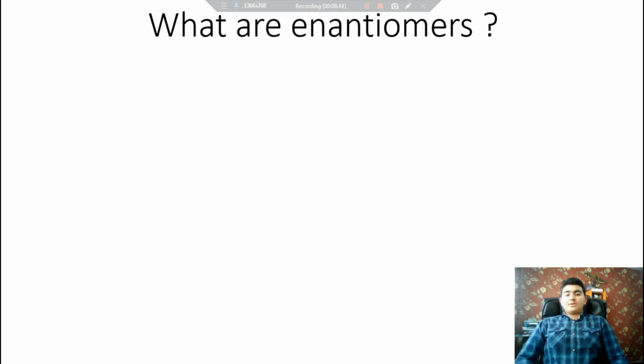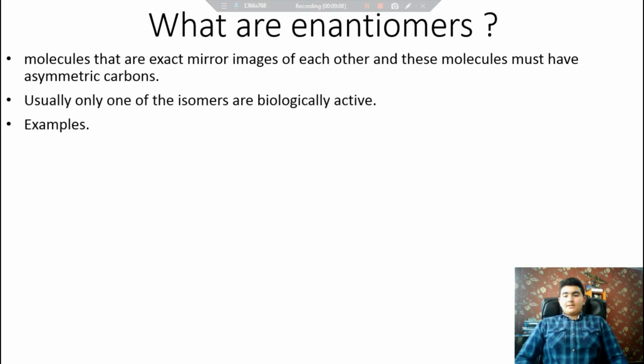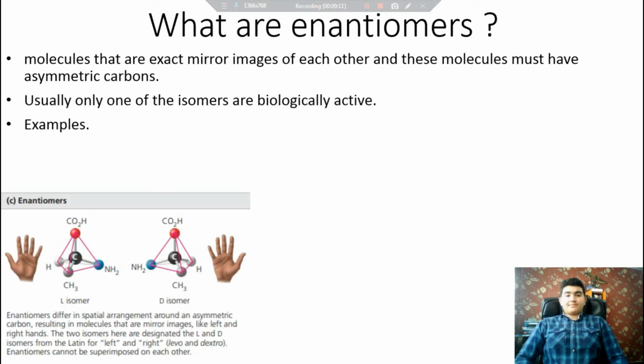So enantiomers are isomers that are mirror images of each other, and they differ in their shape due to the presence of an asymmetric carbon, meaning that different atoms or chemical groups are attached to a carbon, making it asymmetric. And you can see this in this picture.